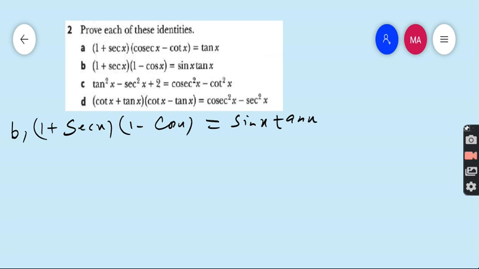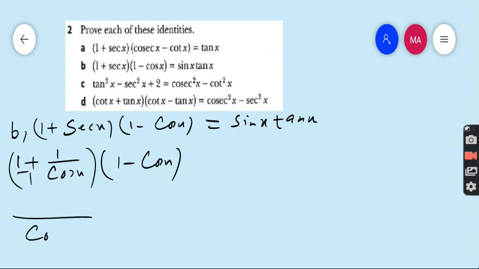We will take the left hand side. 1 plus sec x, where sec x is 1 upon cos x, and 1 minus cos x. Take the LCM cos x. It is cos x plus 1, multiplied by 1 minus cos x.